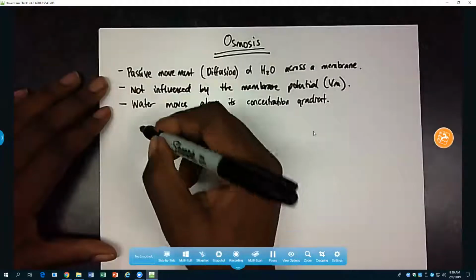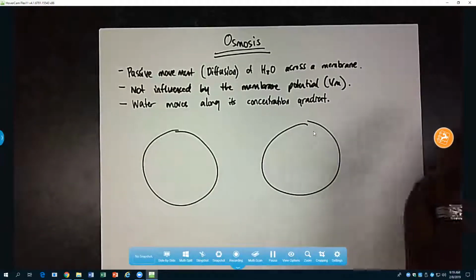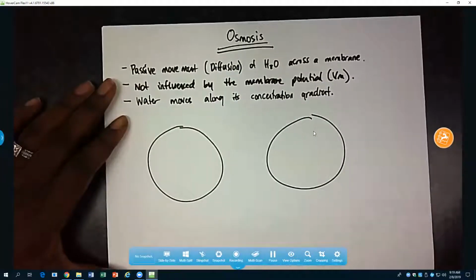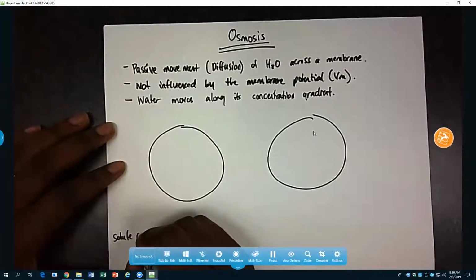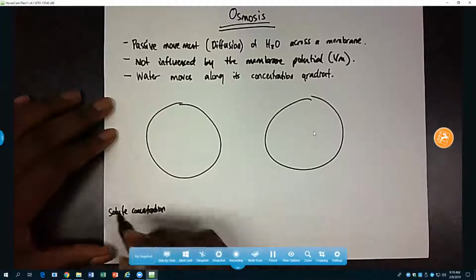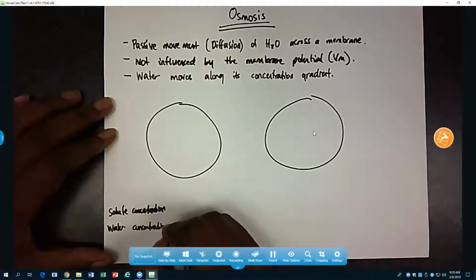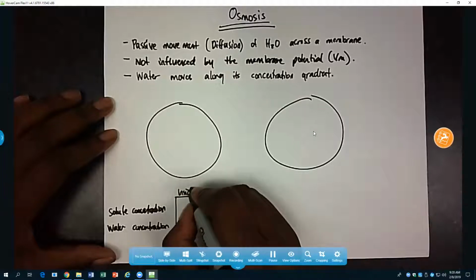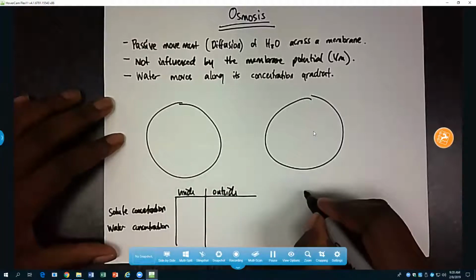All right, so let's look at a scenario here with two cells. And we'll talk about the solute concentration here, and the concentration of water, inside versus outside, and the same thing on this side.